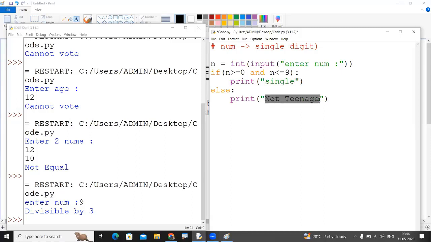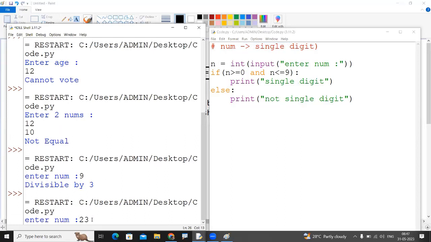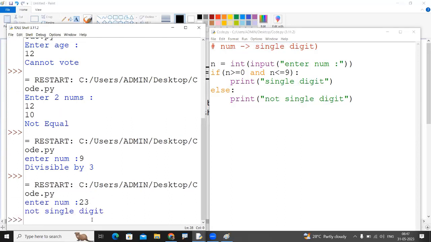And otherwise it is not a single digit number. When you run the code, if I give 23, it's not single digit. Sir, it is 2 digit, 10 to 99. Sir, 3 digit is 100 to 999.